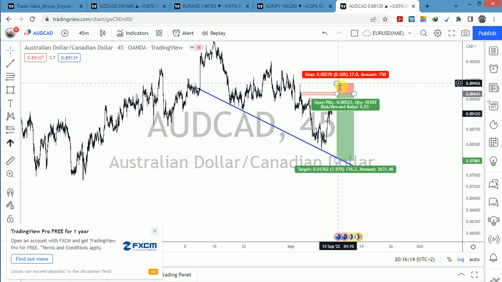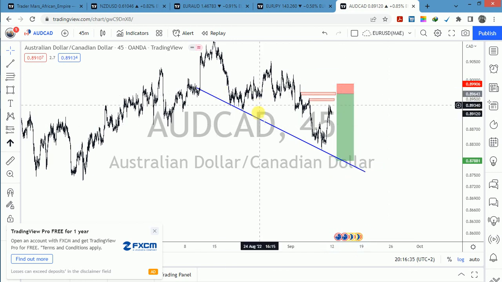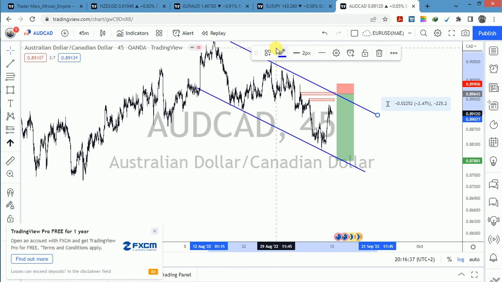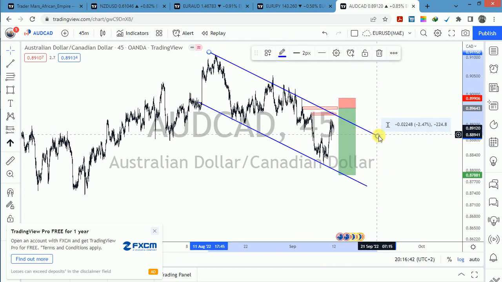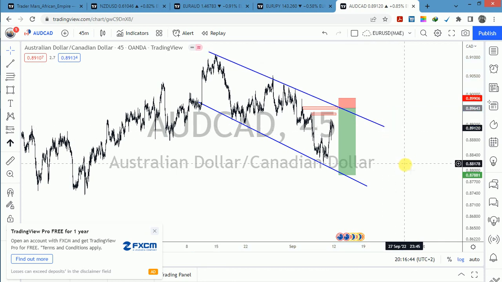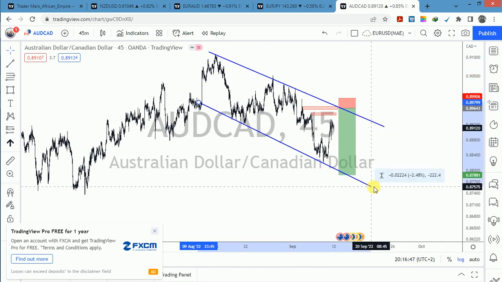So that should allow us to go up to 25 pips as a stop loss. That will be 899, right? 899 will be our stop loss, and then our entry will be 896. Let me cut that one. Yes, something like that.